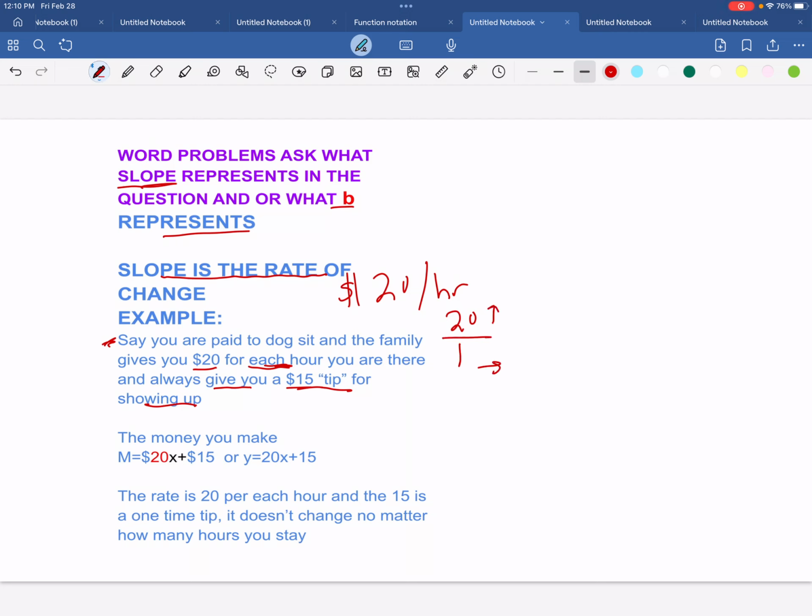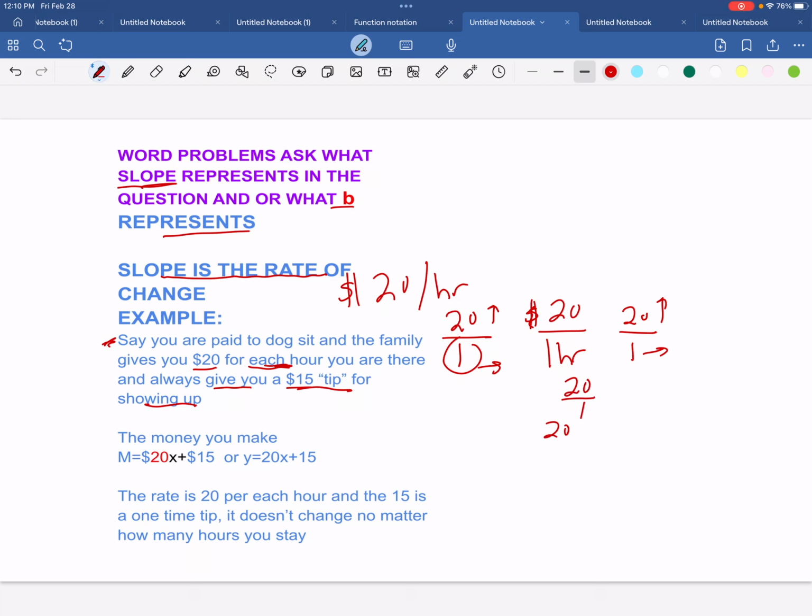And yes, the 20 is in dollars, and the bottom number, the change horizontally, is in hours. But we don't worry about the units. We just say up 20 every 1 to the right, right? So 20 over 1, or 20, is the slope.